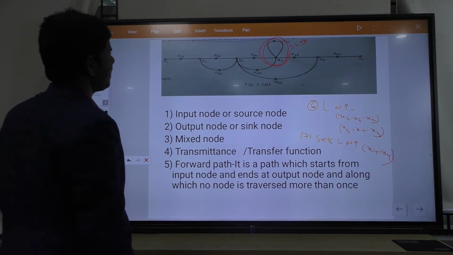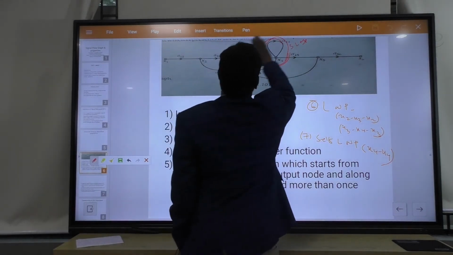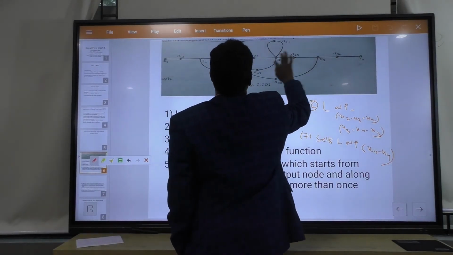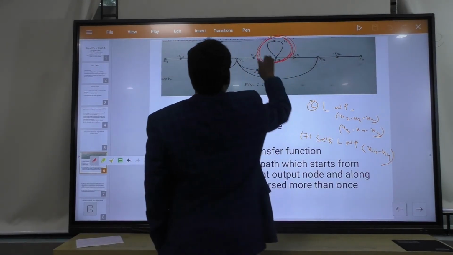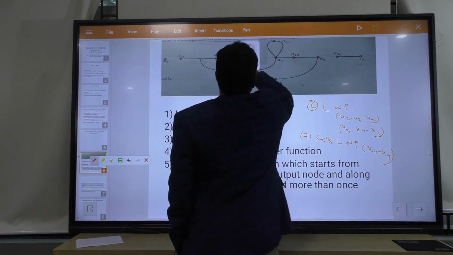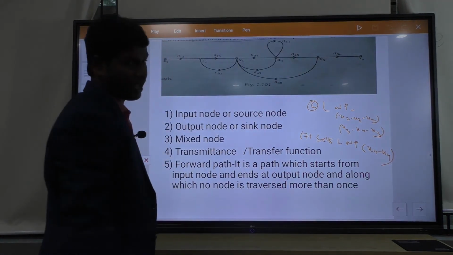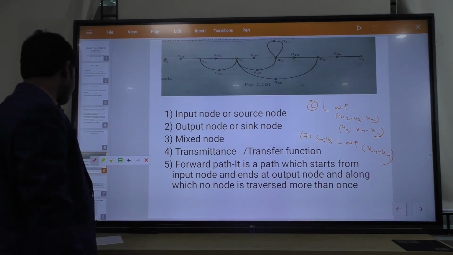There is only one self loop here, at x4.